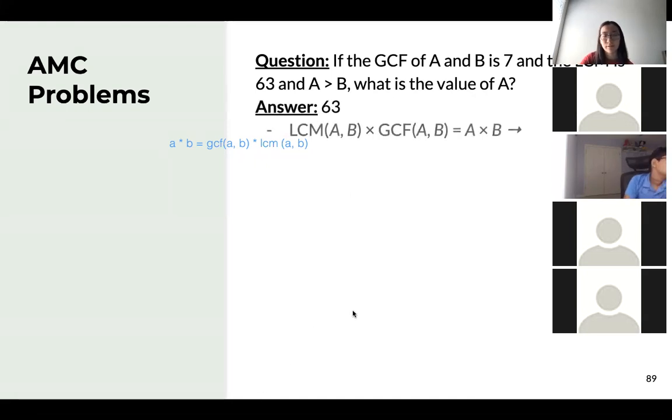The answer is 63. So that's the formula out there again. I'll get rid of mine. And then we just plug in the values that we know.